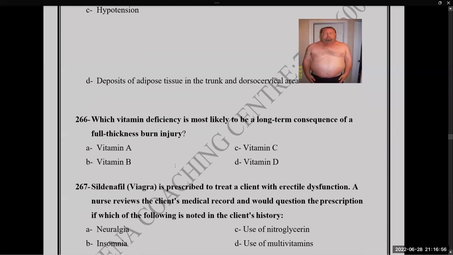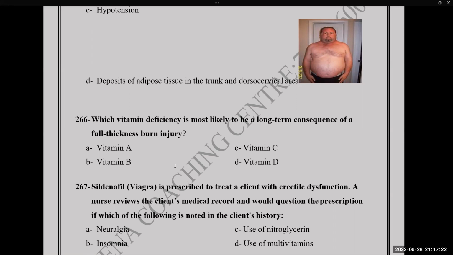Question number 66. Which vitamin deficiency is most likely to be a long-term consequence of full thickness burn injury? So the situation of the question is, patient is admitted with a full thickness burn injury. So the skin completely got damaged, even the depth of the skin got damaged.